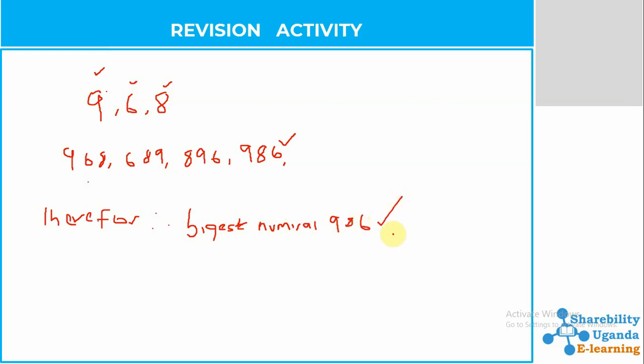So we shall consider that as our biggest numeral.